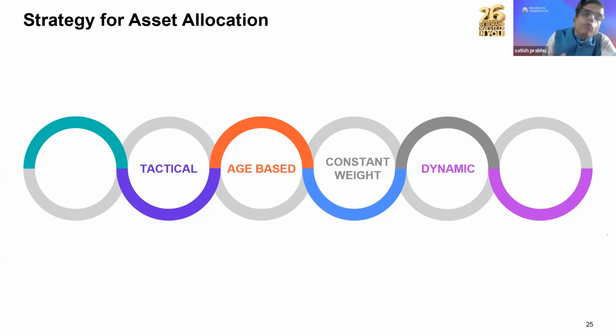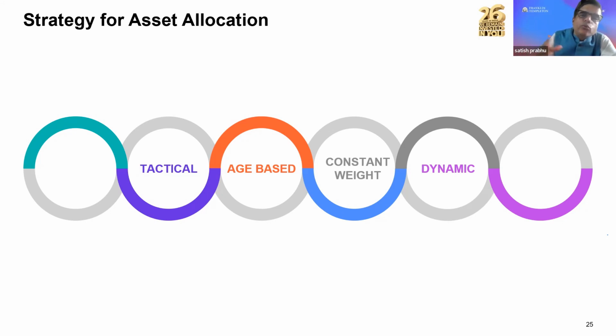And as you grow older, like at 26, it'll tell you have 89% money in equity. At 27, it'll tell you have 88% in equity. So every year, it reduces the equity allocation and moves your money to debt.